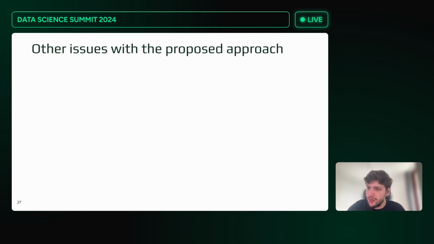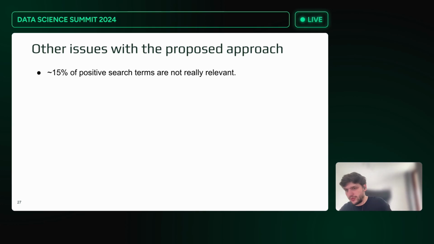Some other issues with the proposed approach: around 15%, this is real world, what we found to be the case on real customer data, is that 15% of positive search terms are not really that relevant, right? LLMs are not perfect. They generate noise. They get better with each iteration, but even if we went, let's say, from 15% to 10% to 5%, 5% of not relevant search terms is still not great, right?